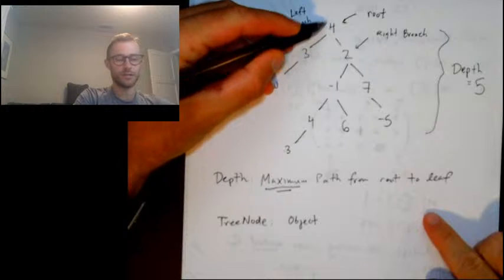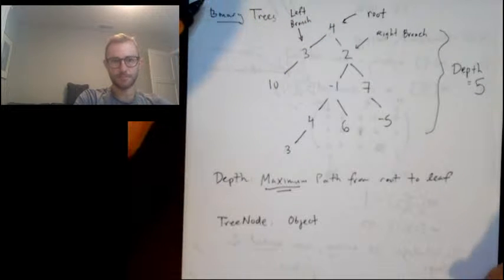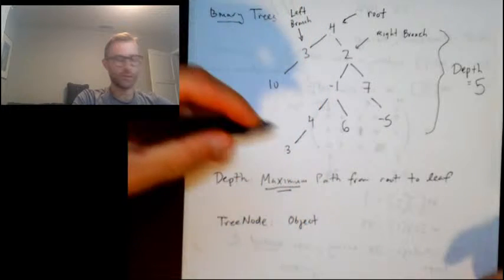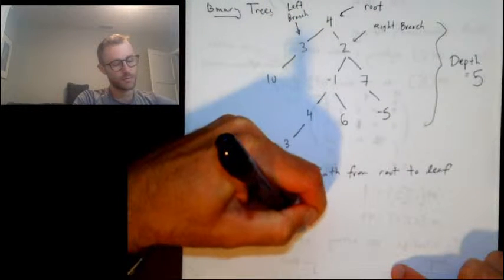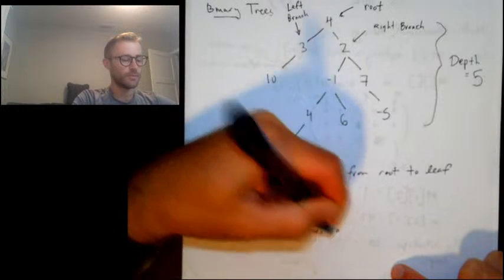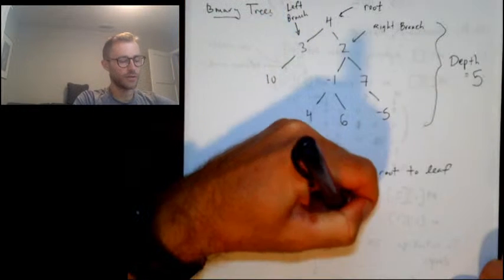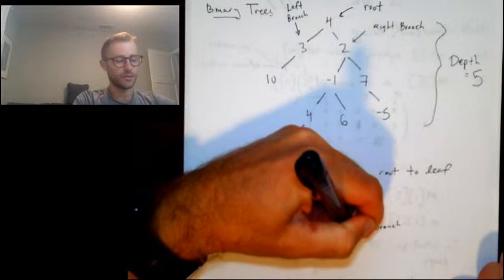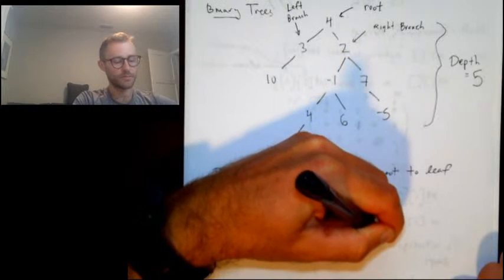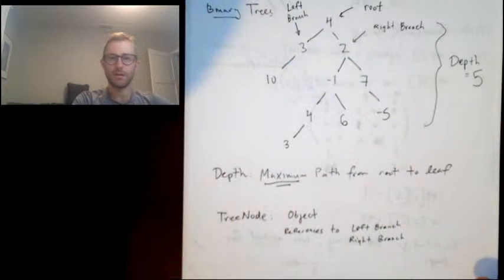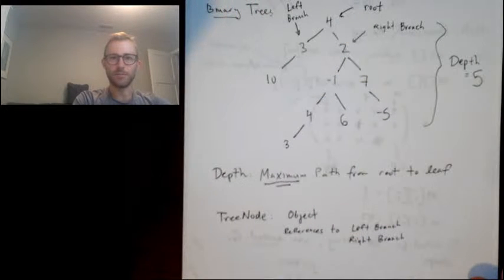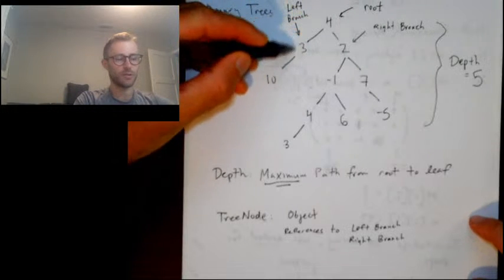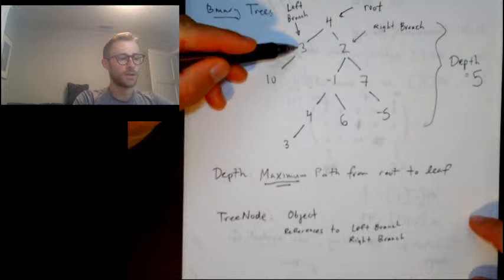So the object is 4. Okay. And then you have references to the left branch and to the right branch. Okay. So for example, let's consider this one right here, the 3.